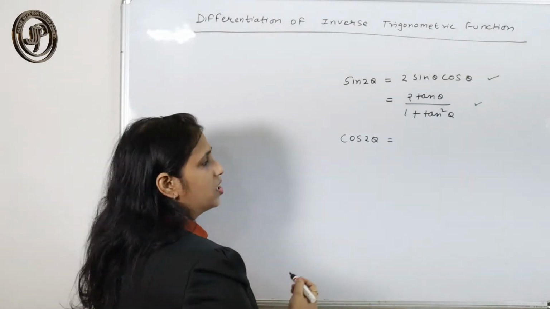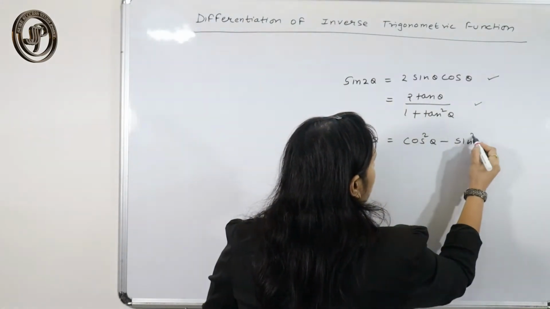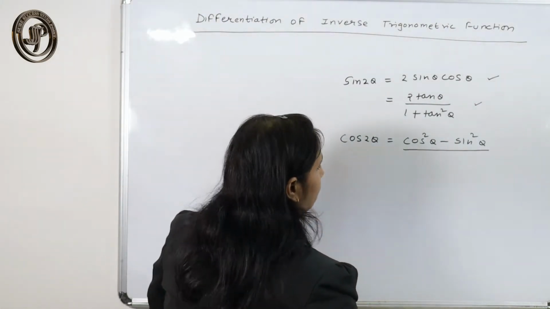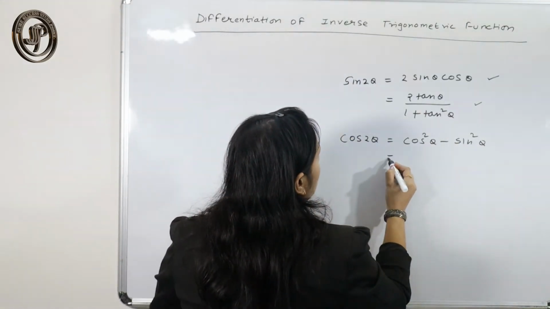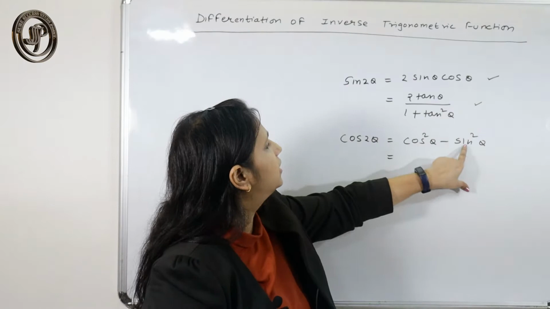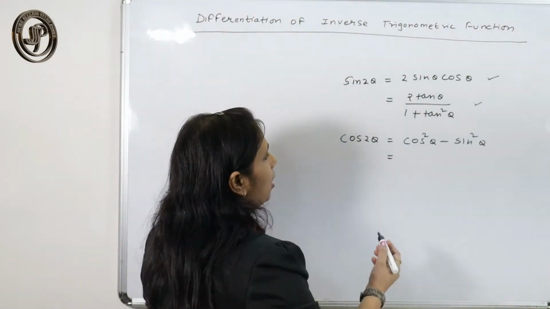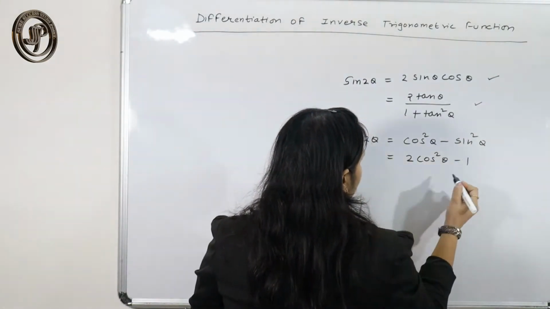What is the basic formula for cos 2 theta? It is cos square theta minus sine square theta. If I replace sine square theta with 1 minus cos square theta, then I get 2 cos square theta minus 1.